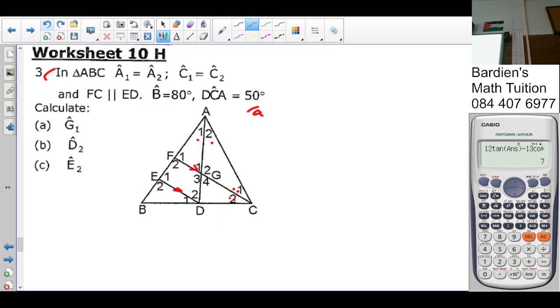So angle B is 80 degrees. So what angle is 50? So angle G1 is the same as angle D2. Why? Corresponding angles.